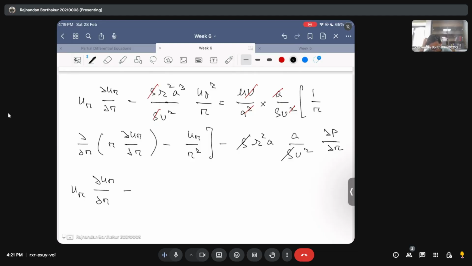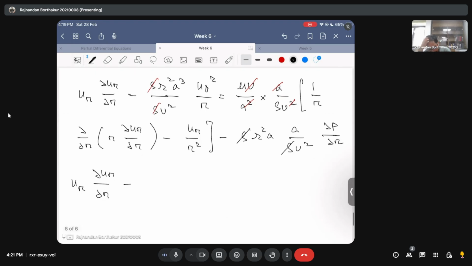Okay, so what I'll do is I will write this term as, okay, rho is cancelled. So this is omega A by U whole squared times A. There is an A, remember, because this is A cube here. So this is omega A by U whole squared times A. And then this is U theta squared by R.